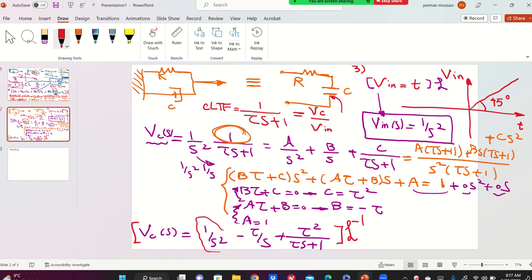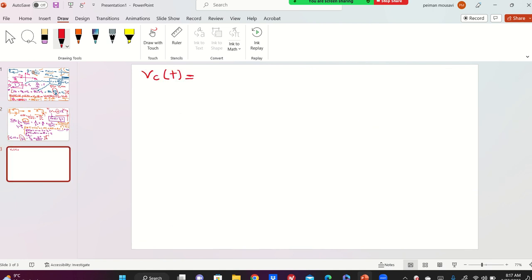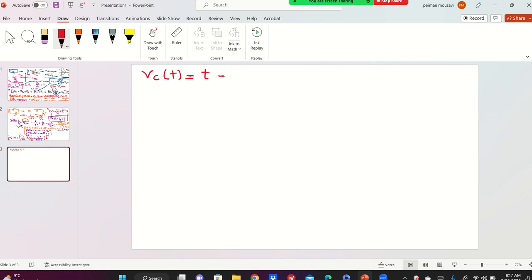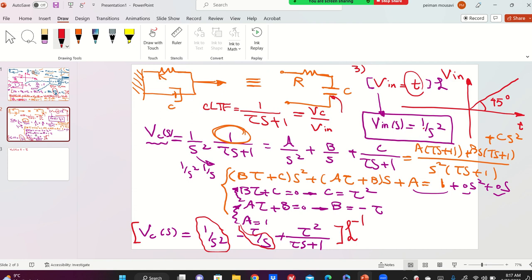So we know, which function gives you 1 over s squared? Ramp. So you're going to have ramp t. Which function is going to give you 1 over s? You tell me, now you know it. Step. That's right. So you're going to have minus tau, because the unit step is 1. And now which function is going to give you this?